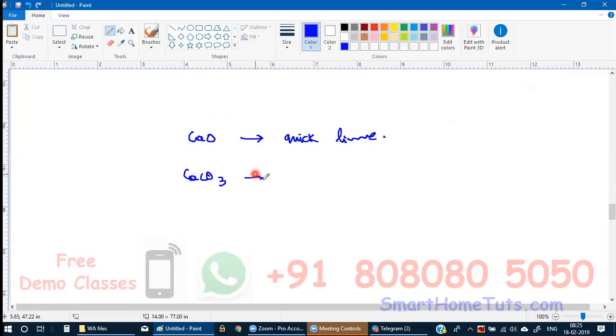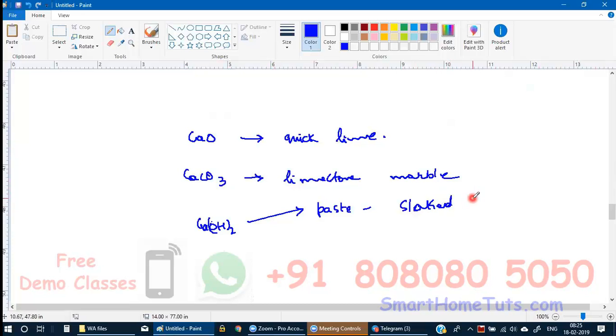CaCO3 is limestone, marble, and whatever other common names there are. Ca(OH)2, if it is a paste, is called slaked lime. If it is a solution, it is lime water. These are all the names.